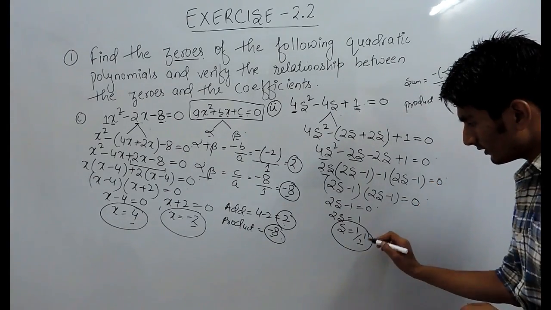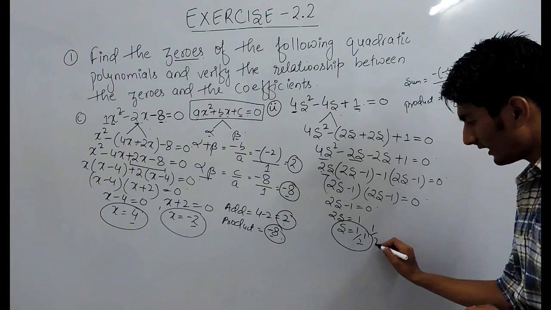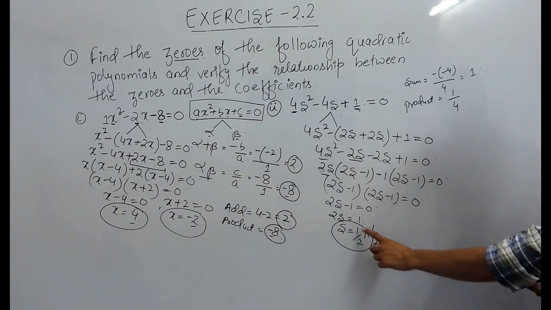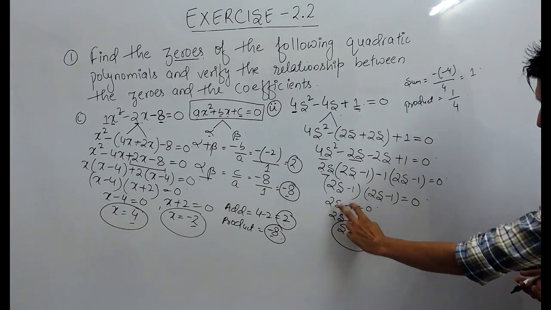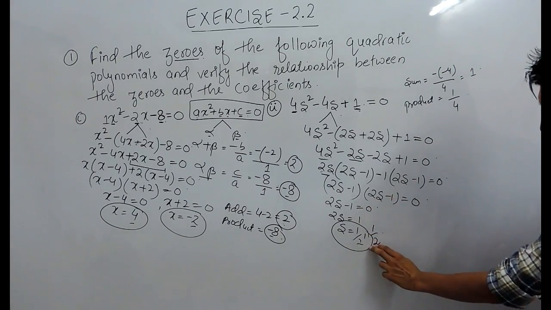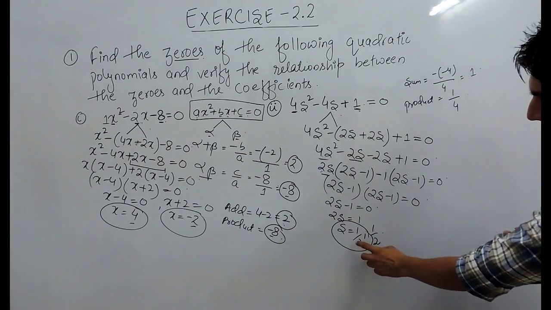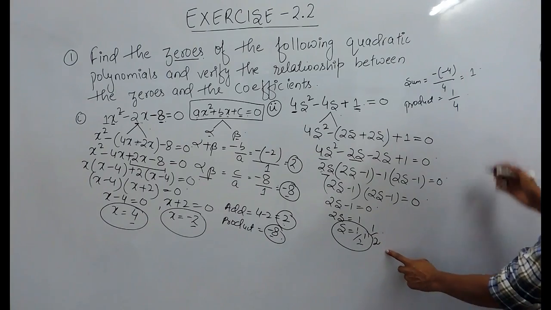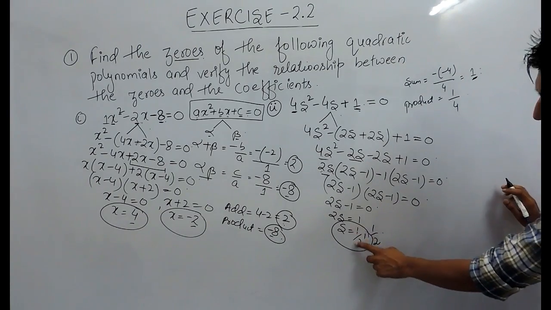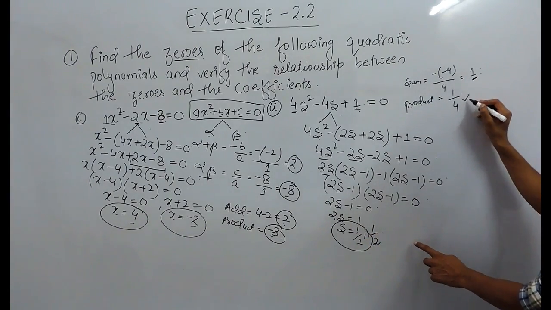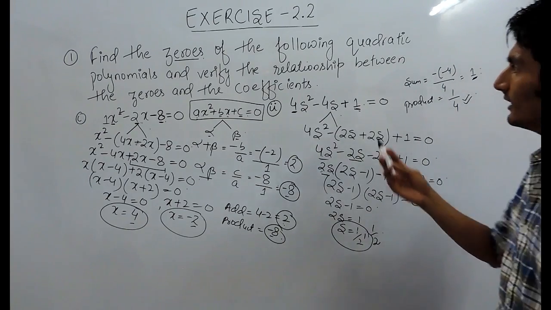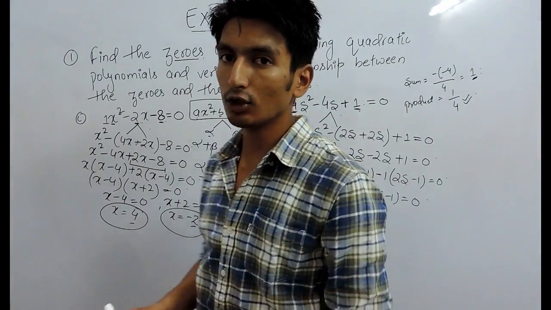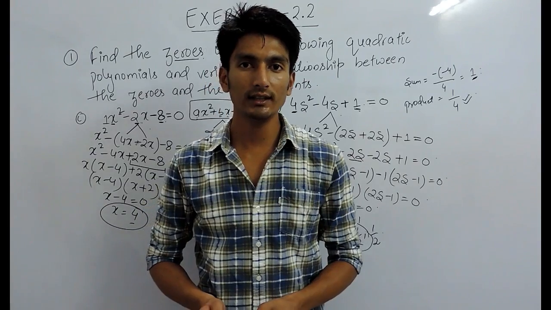We know that the value of s is half and half. Adding these, half plus half is basically 1, and half multiplied by half is basically 1 by 4. So clearly the relation between zeros and the coefficients is equal in this case also.